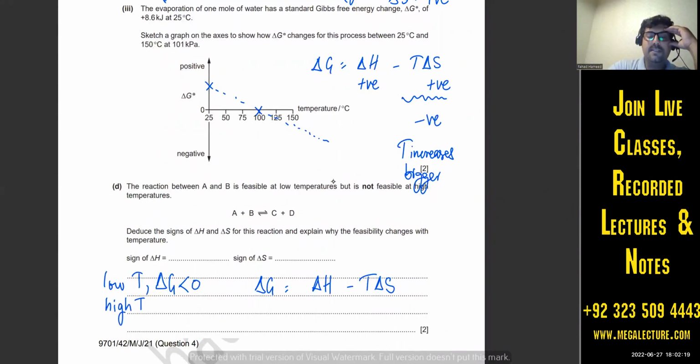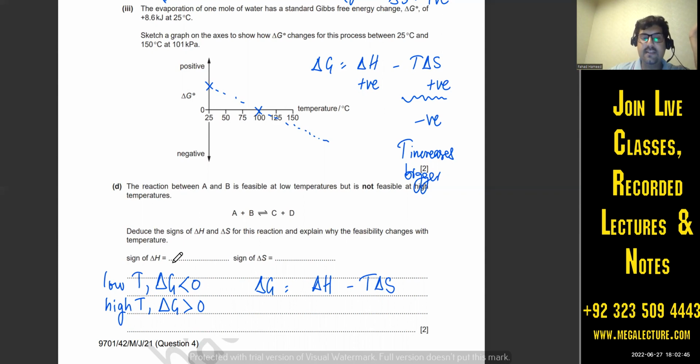And at high temperatures, delta G has a higher value. It's not feasible, right? So at low temperatures, delta G is less than 0. At high temperatures, delta G is greater than 0. So you've got two things. This is what the scenario is.